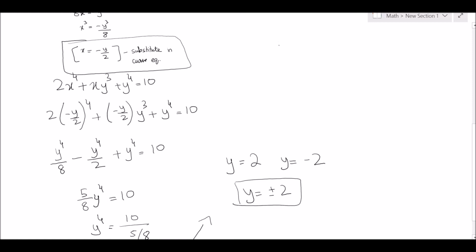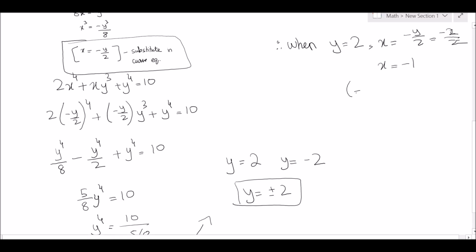So when y is equal to 2, x is equal to minus y over 2, so I'm just going to substitute y as 2. So here we have minus 2 over 2, which gives us x is equal to minus 1.